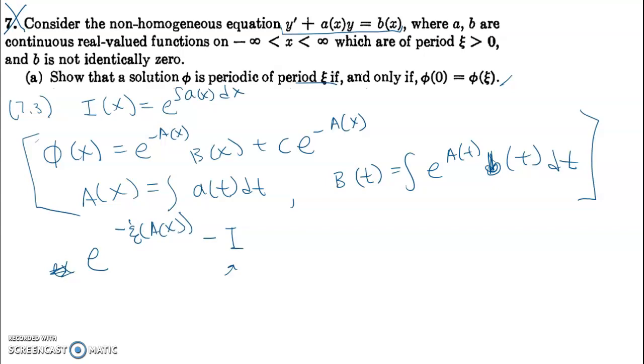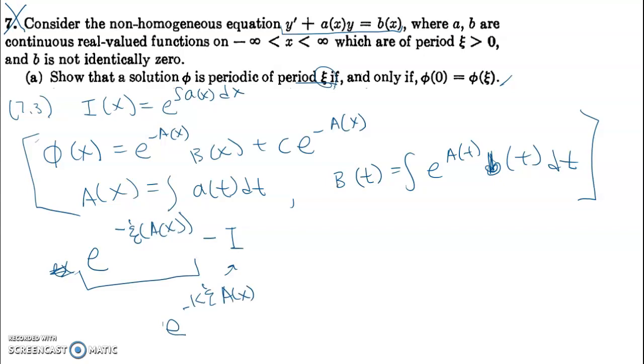So if 1 is an eigenvalue of this matrix, then 1 is an eigenvalue of the matrix e to the power of negative k eta times A of x, where k is any integer.